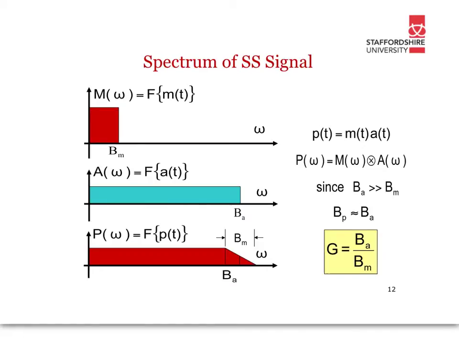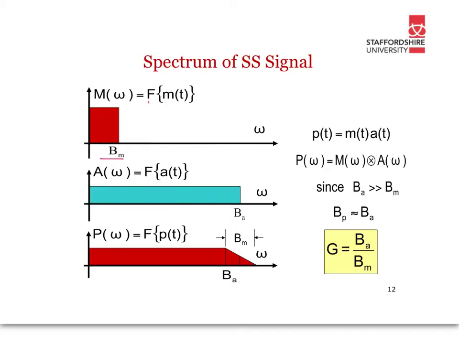We have a narrowband, or BM, the bandwidth of the message signal. So this is the Fourier transform of the message signal, which is the capital M in terms of omega, or frequency. And A is the spread sequence.